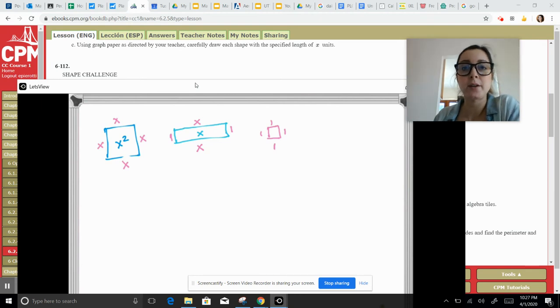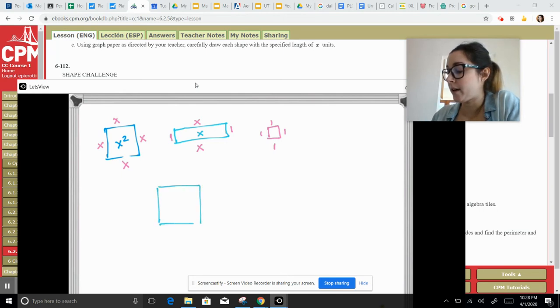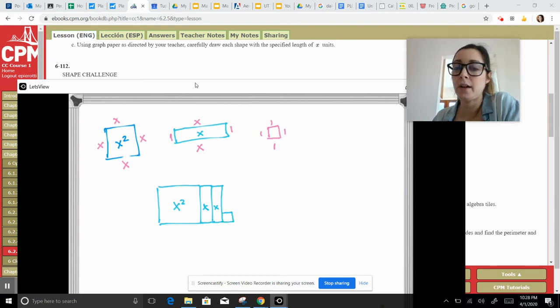So that's the first thing that I wanted to double check with you guys. The second is, if you have a shape where, let's say we have an x squared tile and an x, and maybe we'll do another x here, and then a unit, just make sure that you're accounting for any overlap.